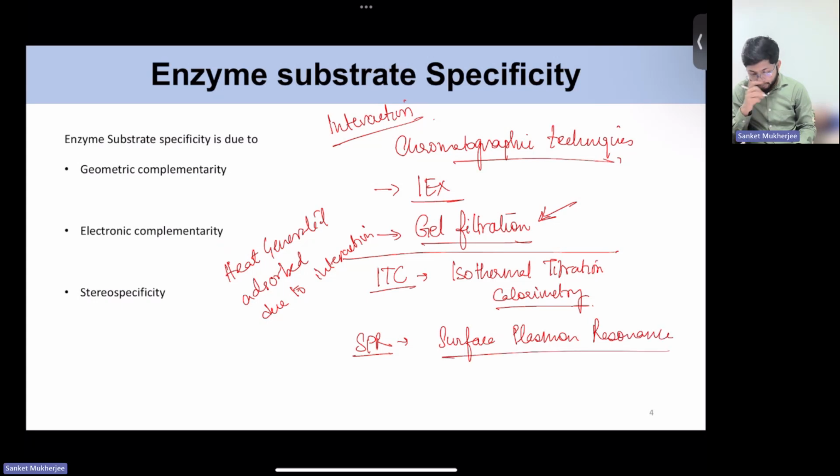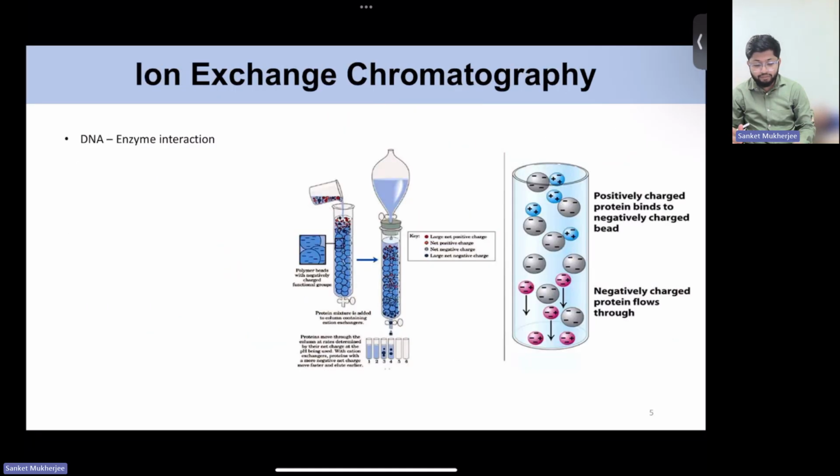Apart from that, we can use techniques like UV visible spectroscopy as well. But these have a very limited range of detection. We really can't figure out a lot out of it. But anyway, these are some of the techniques, and we'll study about it.